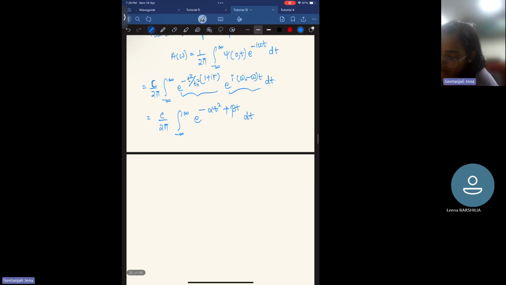Alpha is nothing but (1 plus i gamma) over t0², and beta is (omega 0 minus omega) times i.